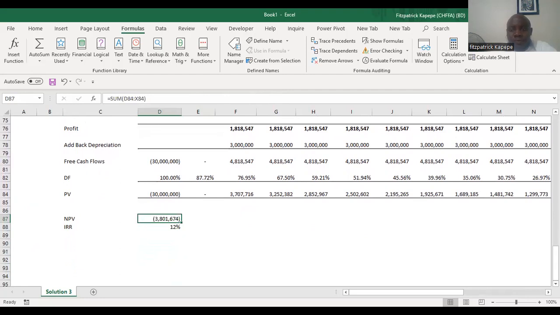Let's check on the question. So the A, we are told the IRR and NPV of a project based on the standard 10-year straight line depreciation. Any questions up to here?